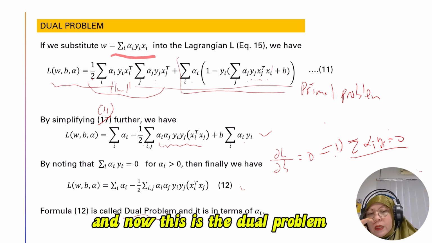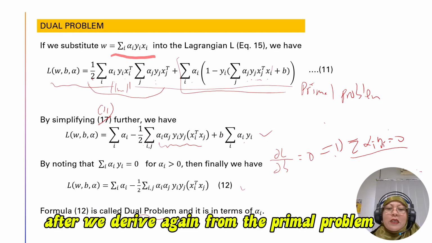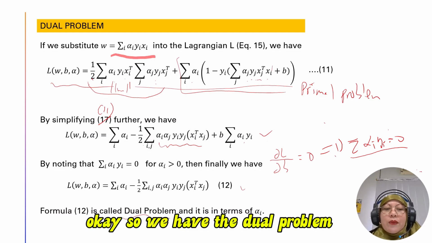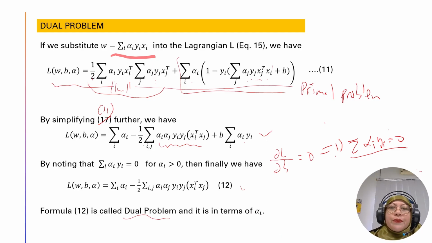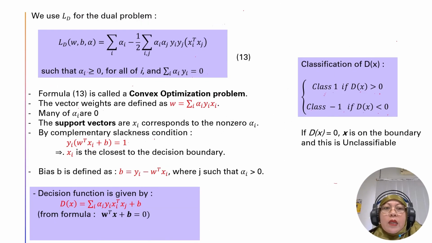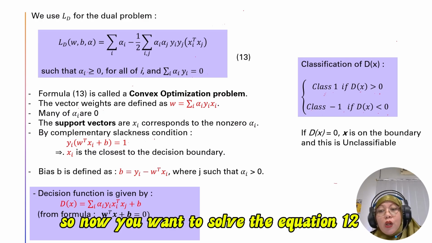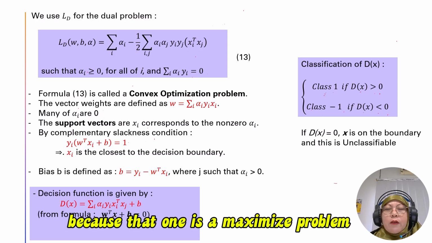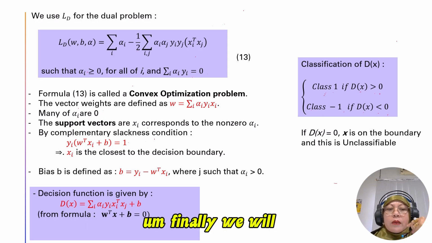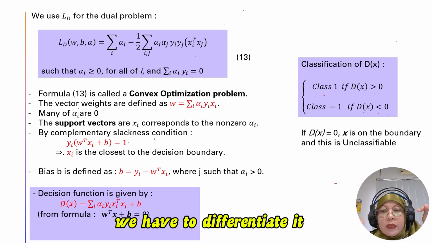And now this is the dual problem after we derive again from the primal problem. So we have the dual problem. Now we want to solve equation 12. Again, because it is a maximize problem, minimize problem, finally we have to differentiate it.